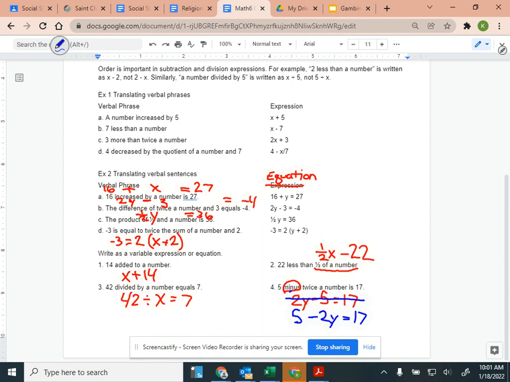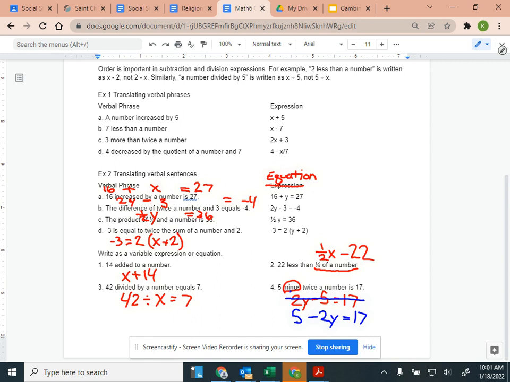You actually have to do the math for that, which is a little bit trickier because we haven't gone through how to solve it yet. So just be careful when you are putting in your word sentence and making it into that equation. Go slow and make sure that you're following it correctly.